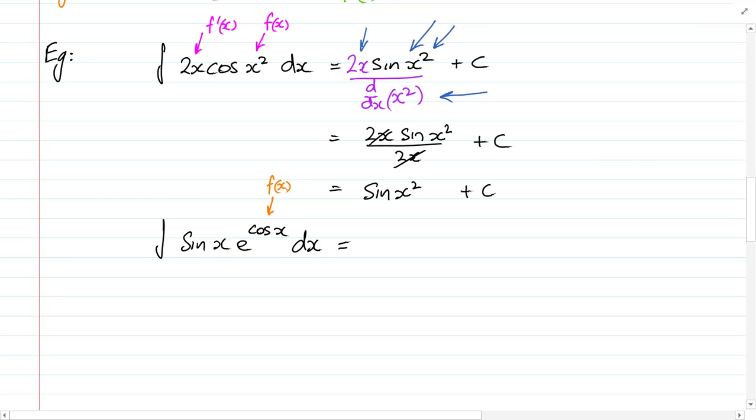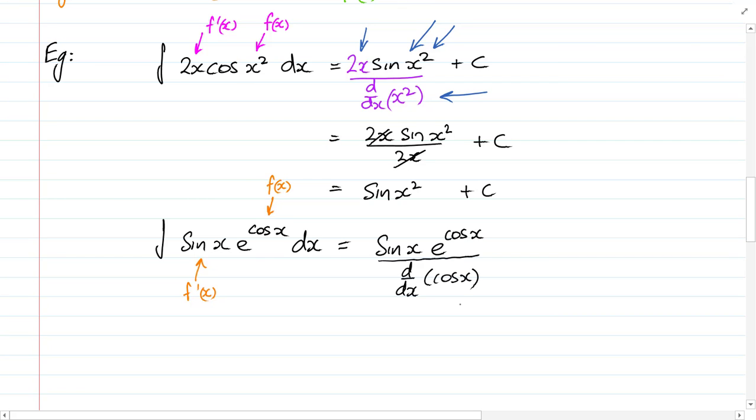It's inside the big thing, which is the e to the power of cos x, the big chain rule thing. And sine x is my f dash of x. And so I can write my answer down as sine x e to the cos x, because remember e to the cos x just goes to e to the cos x, but I have to divide this by the derivative of the inside function, which is cos x.